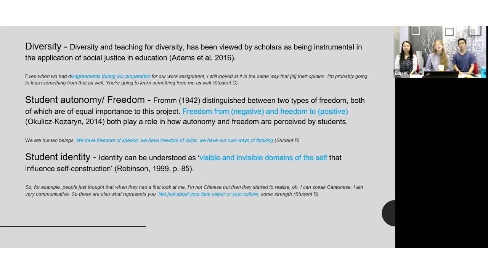Student identity. Identity has visible and invisible domains. It's really interesting because we have a quote here from student B. This student is an ethnic minority student, and her group just assumed that Cantonese was not actually part of her identity.